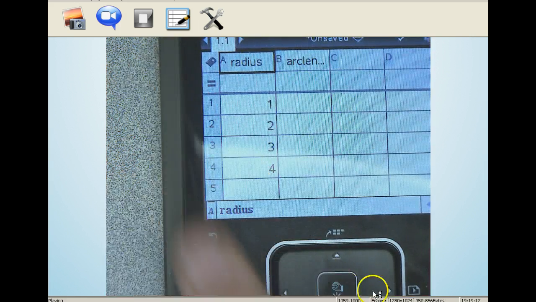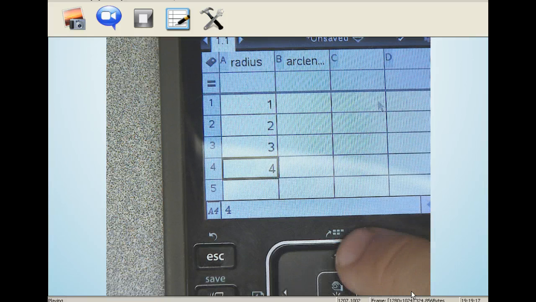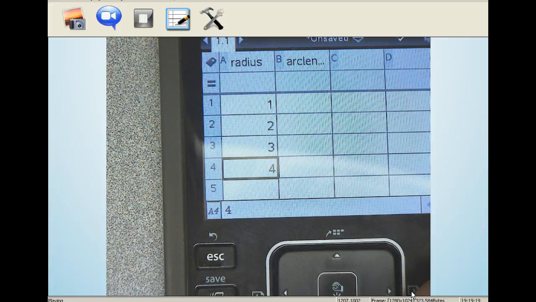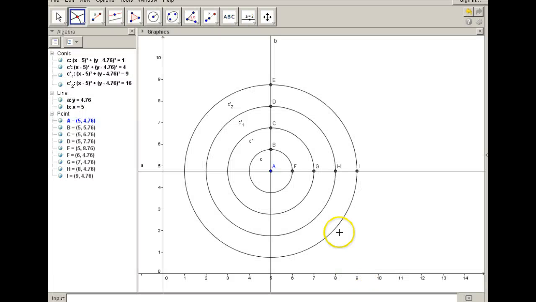I made a little table where my radius is listed here. I've got radii of 1, 2, 3, and 4. And now I'm going to measure my arc length. Now remember my radian measure. Let's go back and look at that graphic. Remember that a radius of 1 means that 2 pi r, the circumference of this entire circle, when the radius is 1, the circumference would be 2 pi.